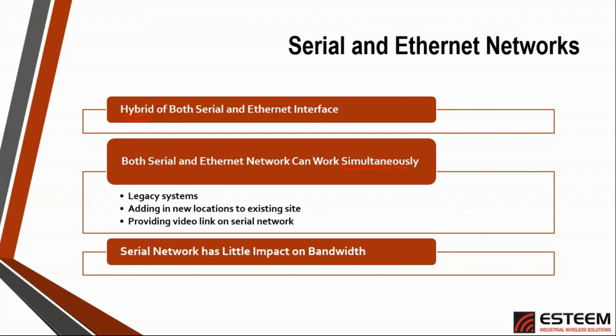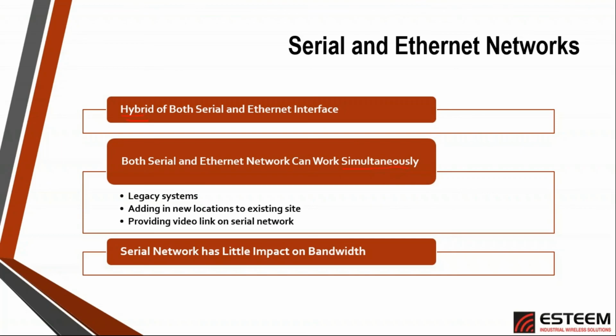The beautiful part is that it gives us the ability to use a wireless network, any one of our wireless radios. If you've got old serial-based hardware, you don't need to replace all of the controllers in the network at the same time. This gives you time to start updating the remote systems to Ethernet, and both can run at the same time.